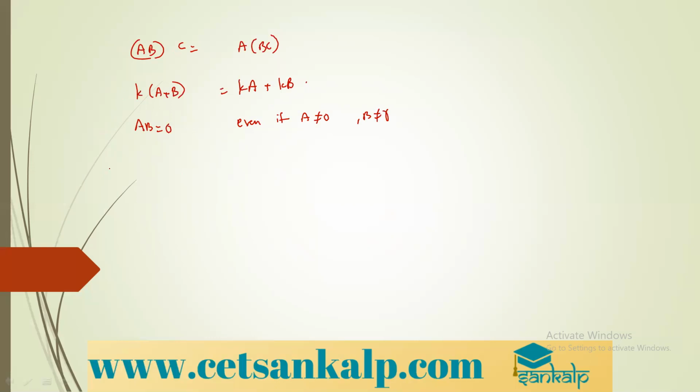Even that can happen. A plus B transpose can be written as A transpose plus B transpose. But AB transpose has to be written as B transpose A transpose. KA transpose will be equal to K times A transpose. A transpose whole transpose will be equal to A.